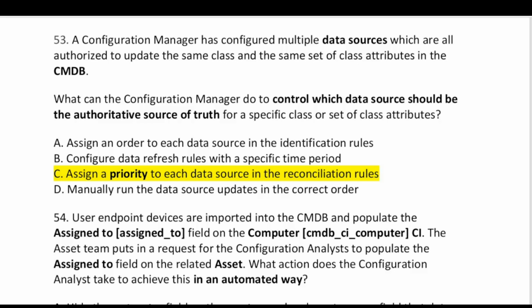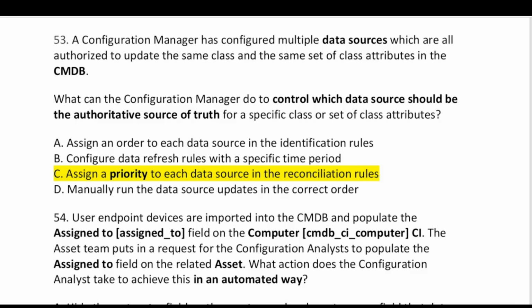Question is, a configuration manager has configured multiple data sources which are all authorized to update the same class and the same set of class attributes in the CMDB. What can the configuration manager do to control which data source should be the authoritative source of truth for a specific class or set of class attributes?